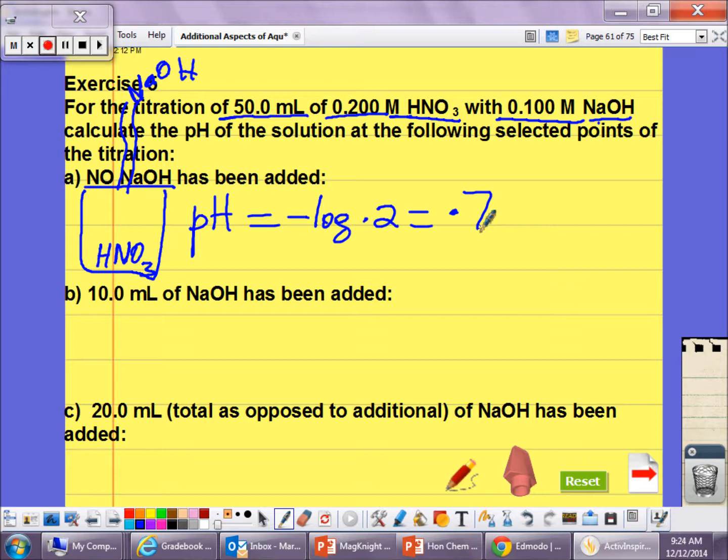Now, it says after 10 ml of NaOH had been added. Let me tell you, whenever you have a strong acid and a strong base, you have a mixture of both of them, so go to moles. Don't deal with molarity at this point. You have to do stoichiometry.